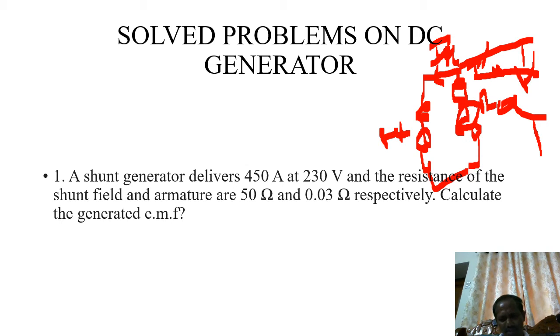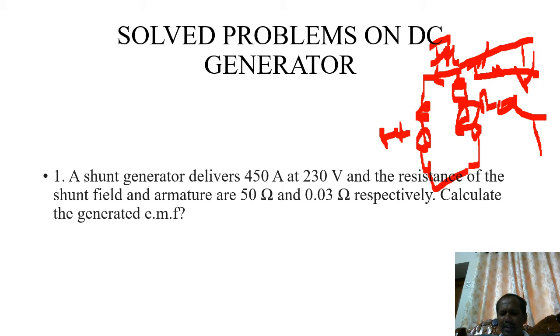All of you, this is the shunt field winding, which is connected in parallel with the armature winding. So shunt field resistance is given, armature resistance is given, and terminal voltage is given. The terminal voltage across this armature and across the shunt field winding is the same.